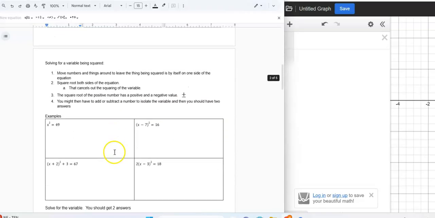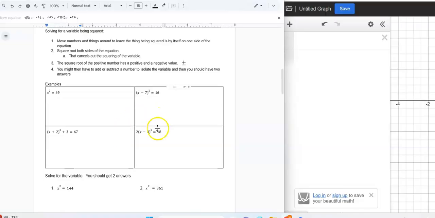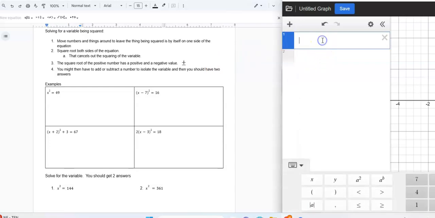Okay, so the first thing is solving for a variable being squared. Before we enter into what's called completing the square, we have to be able to do things like this. Number one is something that sometimes happens: you move numbers and things around to leave the thing being squared by itself on one side of the equation.